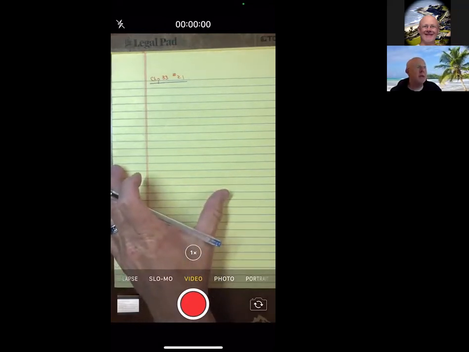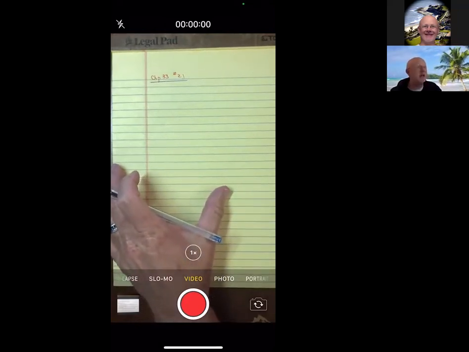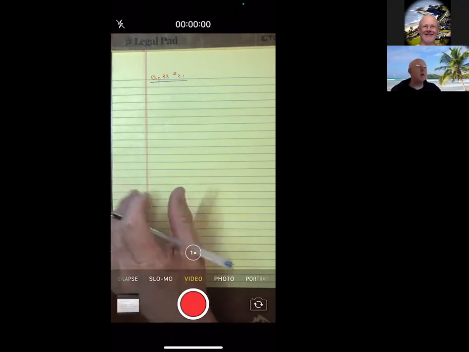21, probably not much different than this one. It's in the same section, so maybe we'll go a little quicker on this one.